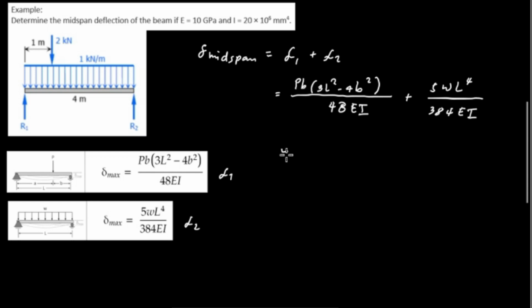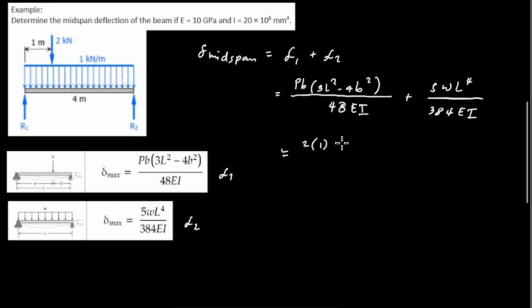And then we substitute. So P is 2 kilonewton, so 2, and b is always the shorter value, and in this case 1 meter is equivalent to b.